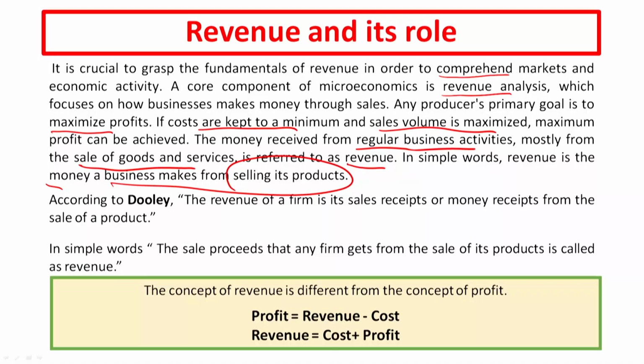In simple words, revenue is the money a business makes by selling its product to the consumers or customers. A definition in the words of Dooley: the revenue of a firm is its sales receipt or money receipt from the sale of a product. Whatever money they receive from the sale of any product can be termed as revenue.